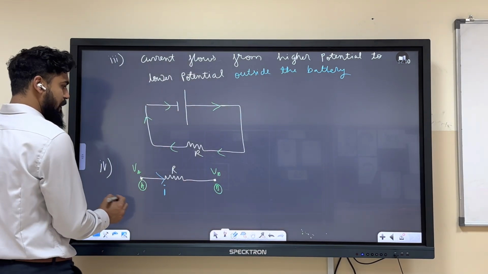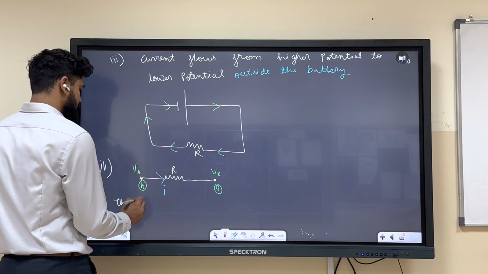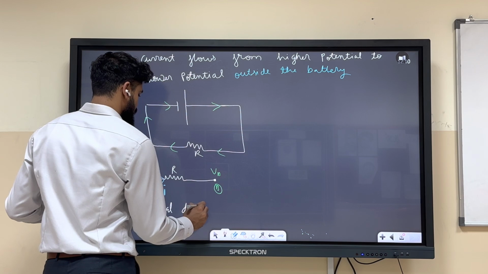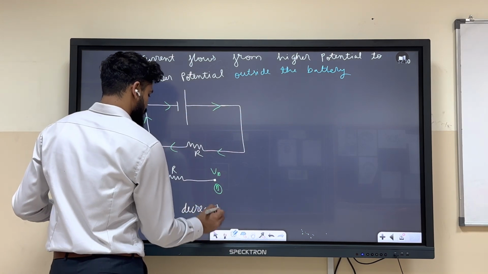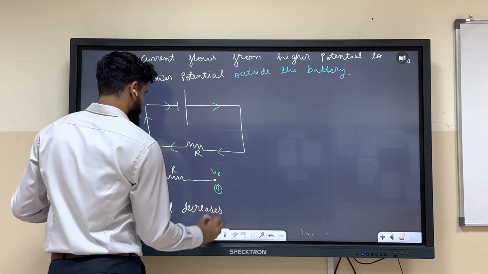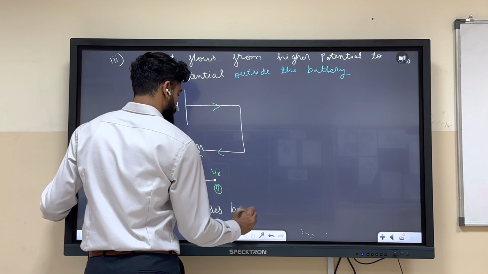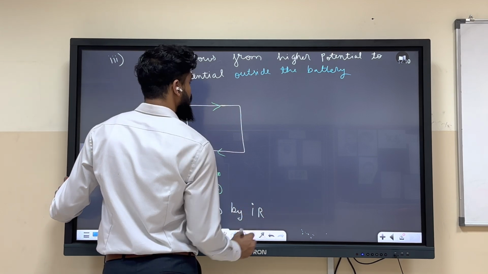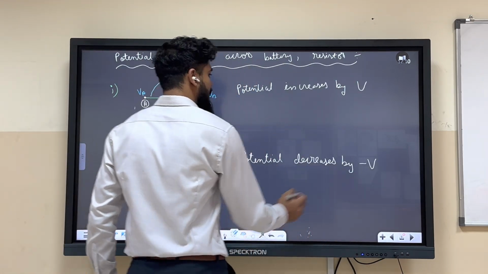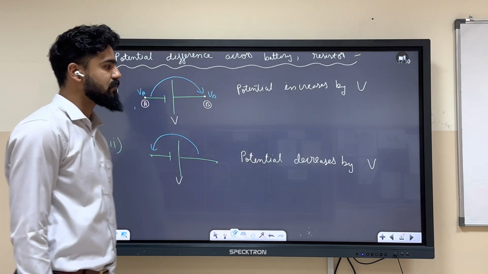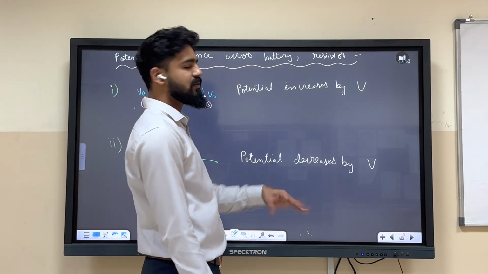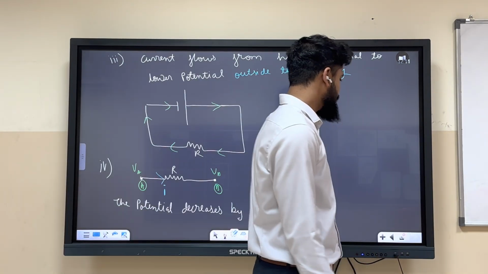Let's discuss that. Wait a minute, over here please do not write negative V, you might get confused. Okay? So potential decreases by V only. Otherwise you will say negative V, negative, so that's right.